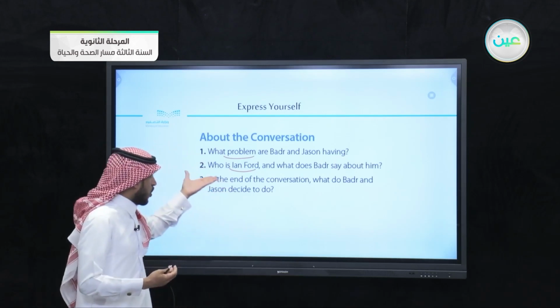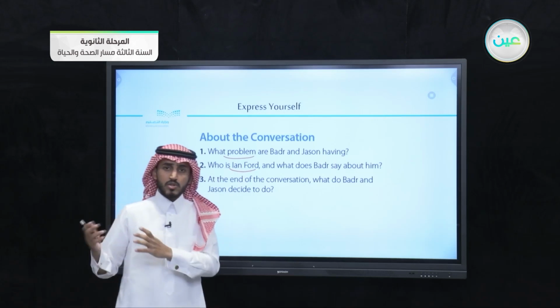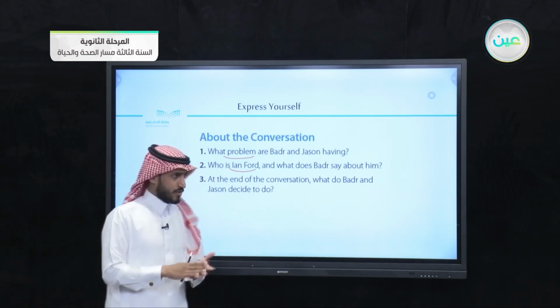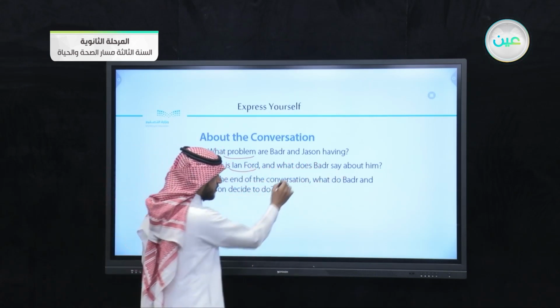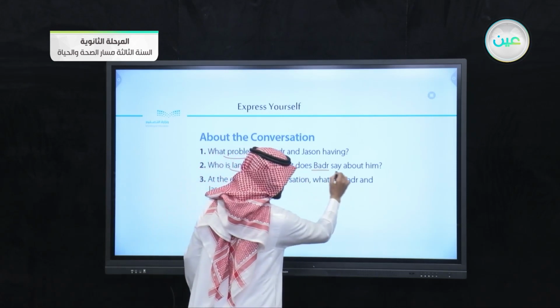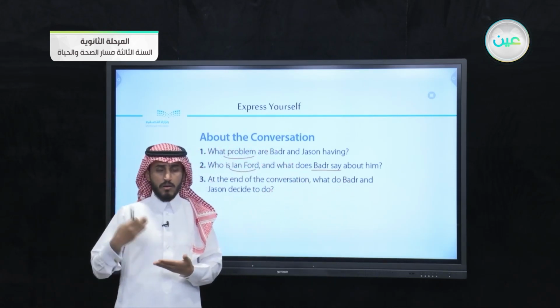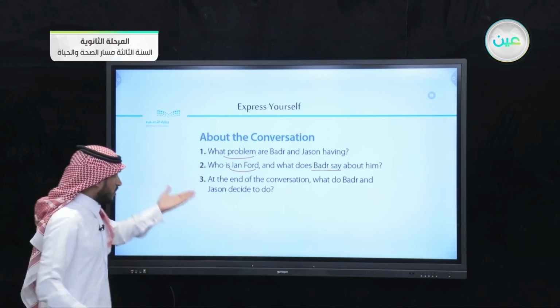For example, here we are asked to know who is Ian Ford. So we will look for the role or for the job of Ian Ford. After that, what does Badr say about him? Then we will go back and check for Badr's opinion of Ian Ford.